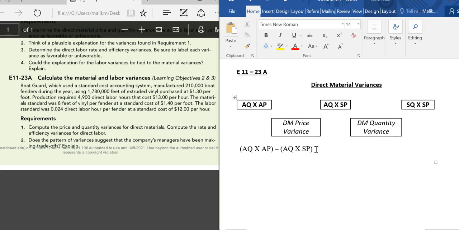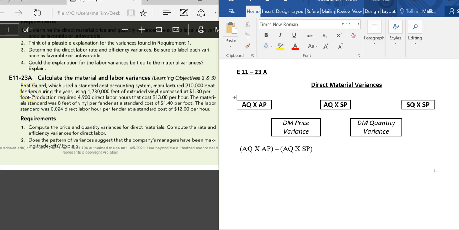Now if I want to show it here, you need to read the question and you need to figure out all this actual information. So what is the actual quantity of direct material? Remember, in this problem what we are producing, we are actually producing here both fenders.